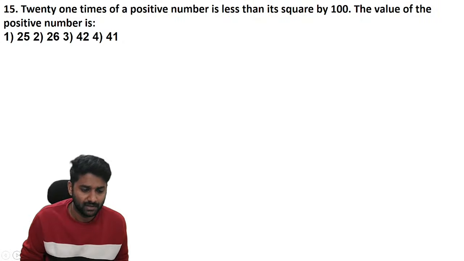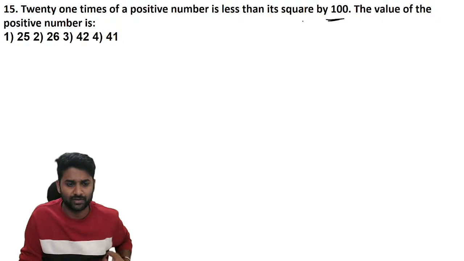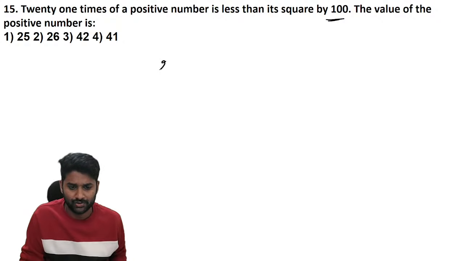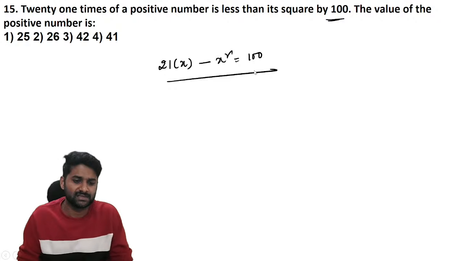Next. Now see, 21 times a positive number is less than its square by 100. Find the value of that positive number. So 21 times that positive number is less than its square by 100. See, this is the less than value.